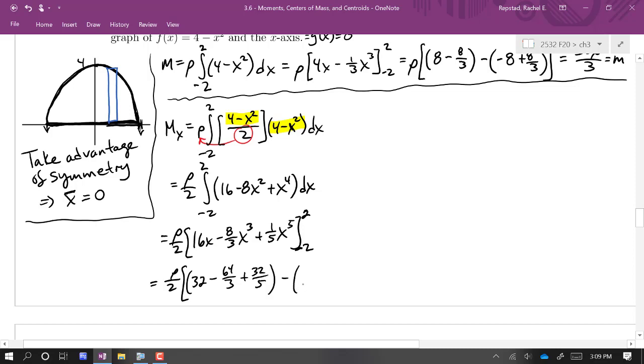And then we'll plug in -2. With -2, we're going to get all the same values, just all negatives because these are all odd powers on x. So we have a minus 32 plus 64/3 minus 32 fifths. So this is rho over 2 times, and you'll notice I have the same values here. If I distribute that negative sign and chase the signs through, we just end up with 2 times what's in the first set of parentheses.